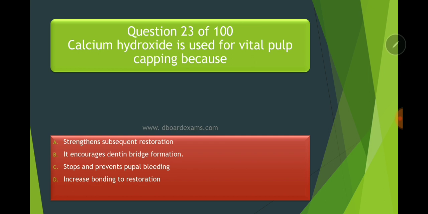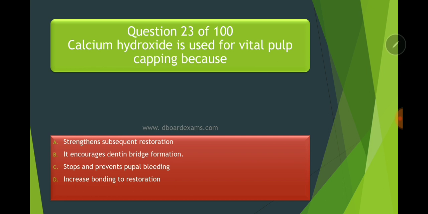Question number 23. Calcium hydroxide is used for vital pulp capping because... so why is calcium hydroxide used in vital pulp capping? A. It strengthens subsequent restorations. That's false.